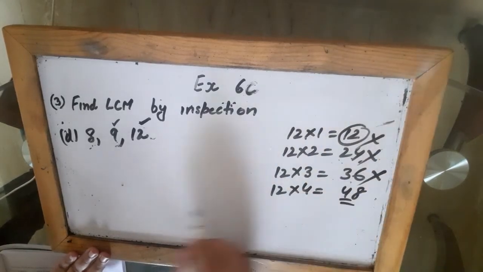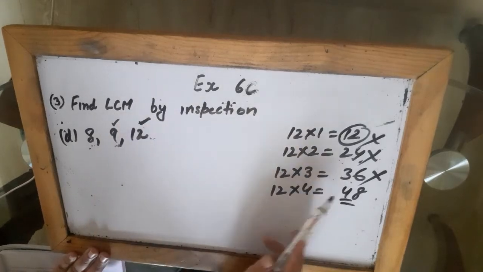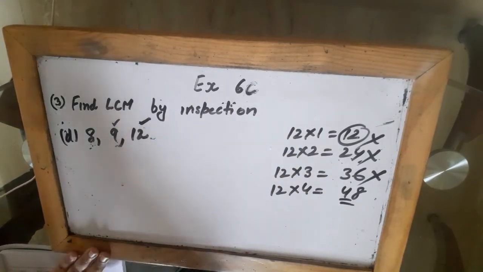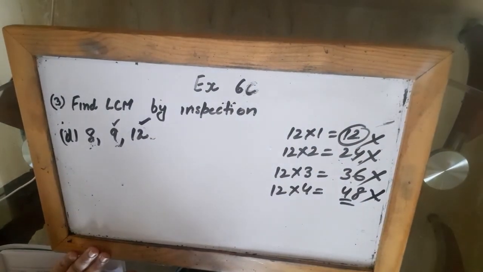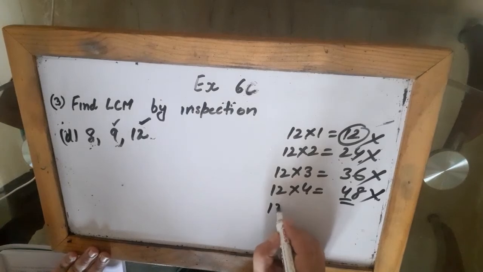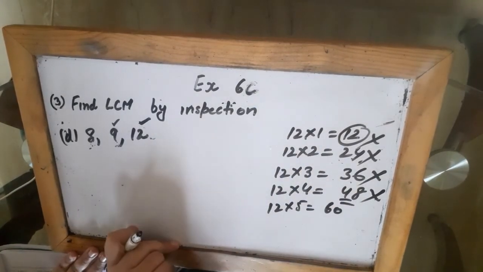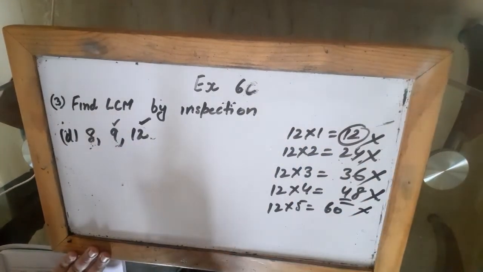Now is this 48 a multiple of 8 and 9 also? No. 48 is a multiple of 8, 8 6s are 48, but it is not a multiple of 9. So this also cannot be the LCM of all these three numbers. Now 12 5s are 60. Now is this 60 a multiple of these two numbers? No, so it cannot be the LCM.